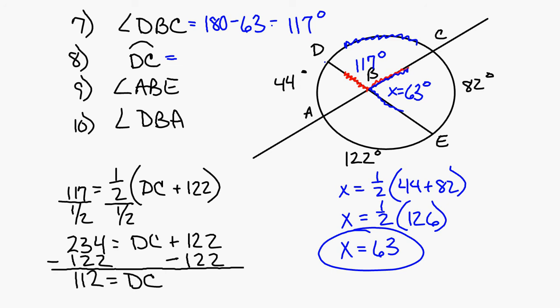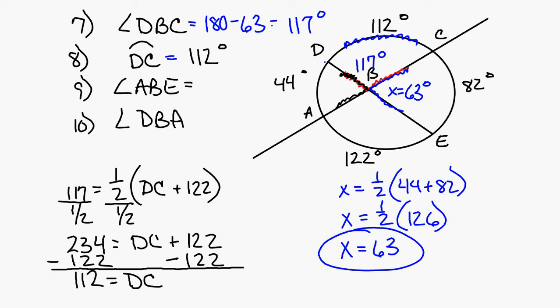So now you need angle ABE. ABE is this angle right in here. Well, it's vertical to 63. I'm sorry, ABE.